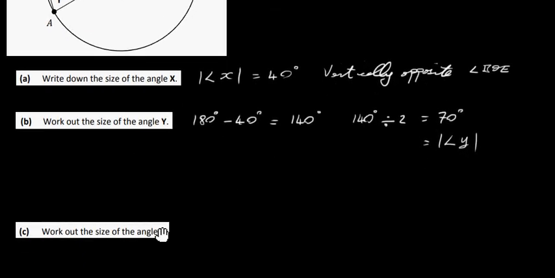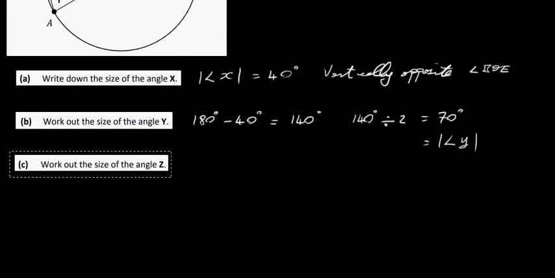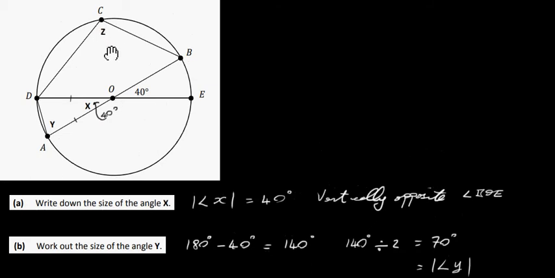So let's have a look at part C. Work out the size of the angle Z. Angle Z is actually up here, and there are a couple of ways of doing this. One way is to look at this quadrilateral here. We've got A, B, C, D. This quadrilateral is what's called a cyclic quadrilateral.